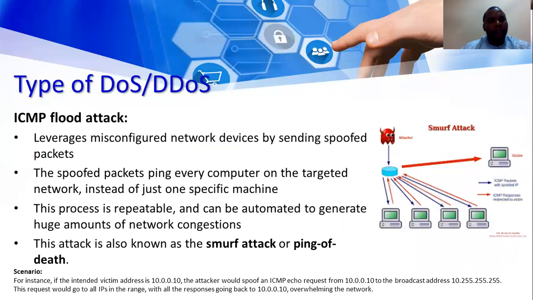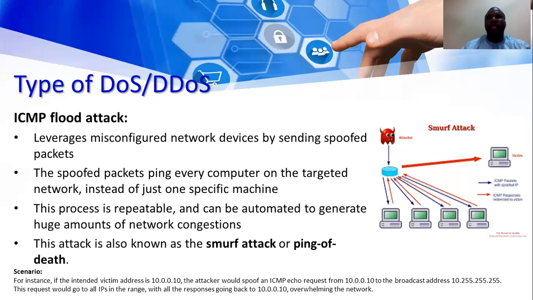The third one we're going to look at is the ICMP flood attack. What happens in an ICMP attack is that the attacker tries to leverage misconfigured network devices by sending spoofed packets.